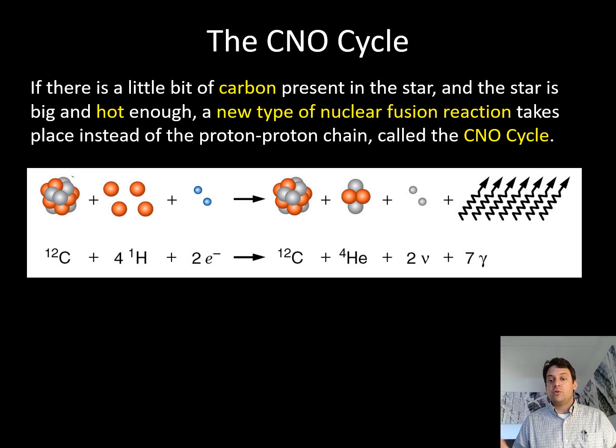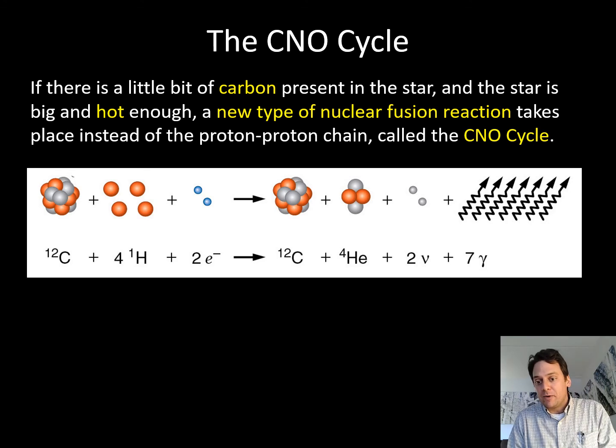But once you know that, if you block out the carbon-12 nuclei from this picture, you see the result is very similar to what we saw from the proton-proton chain. We're converting 4 protons into a helium-4 nucleus, or an alpha particle. Because we're transforming 2 of those protons into neutrons, we also produce 2 neutrinos.